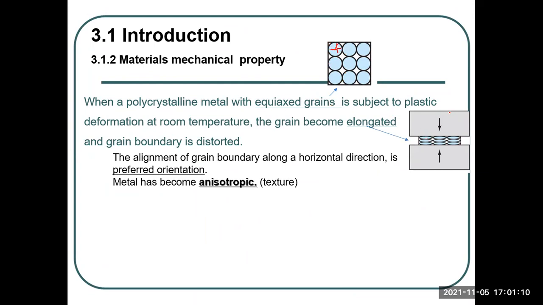But if we give them some strain in this direction, you can see the grain is actually elongated. In this case, we call it a preferred orientation. The metal has become anisotropic. Since it's anisotropic, it means it's textured.